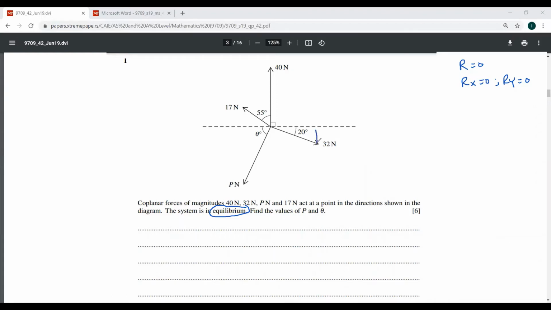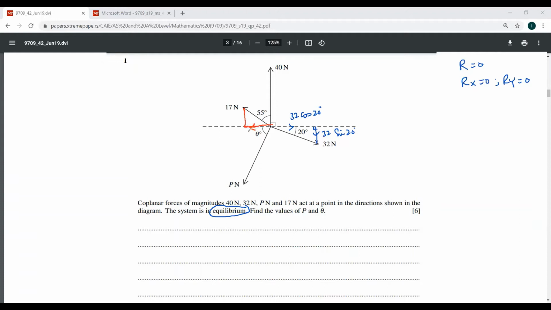You can start with any one of these forces. So this is going to be 32 cos 20, and this one is going to be 32 sine 20. Okay, and I'll be resolving this force like this.